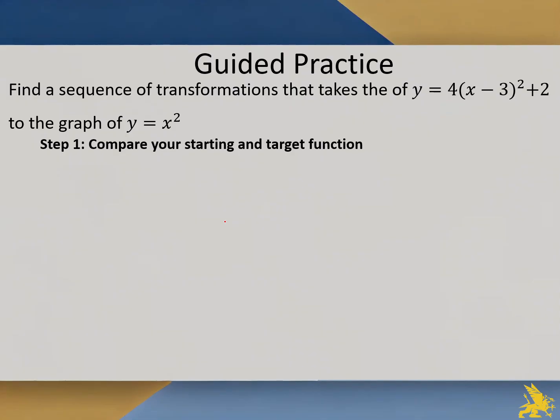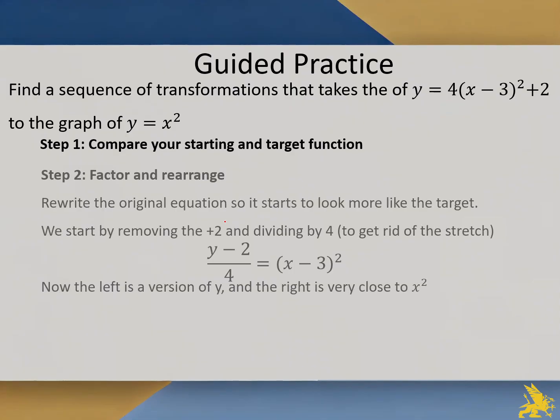That means I will take 2 and divide by 4. That is just trying to get rid of the stretch and thinking about how we get it back into the original form.